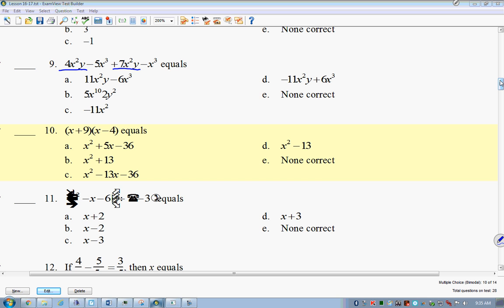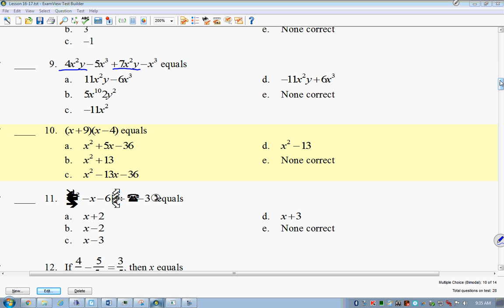I only change the exponents to the variables when I am multiplying or taking them to a power. Am I multiplying 4 and 7? No, I'm just adding. All right. So exponents stay the same. The only thing that changes whenever I add is the coefficient.